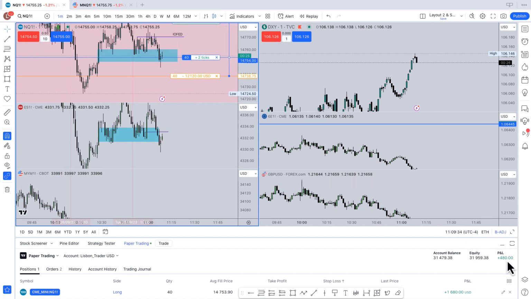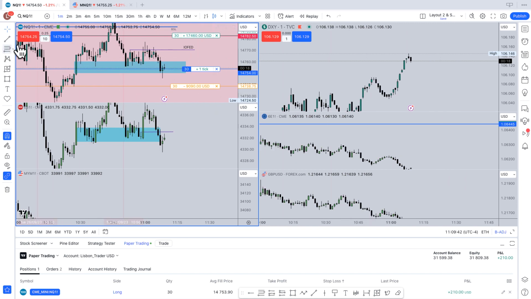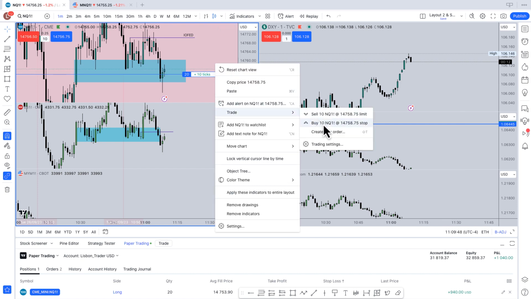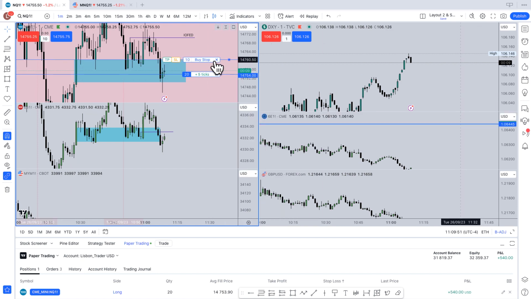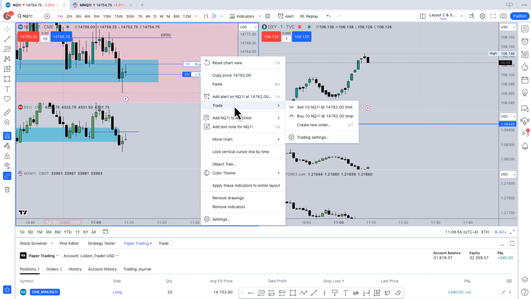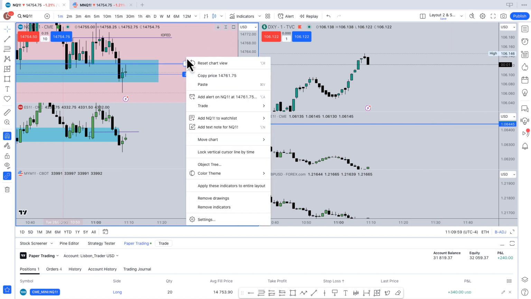Anyway, 1000. Let's reduce some risk. It's too slow, so let's buy when it goes above this level. Let's buy on strength. Buying on strength.